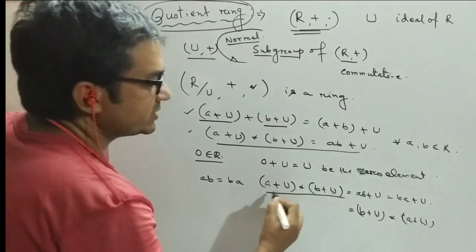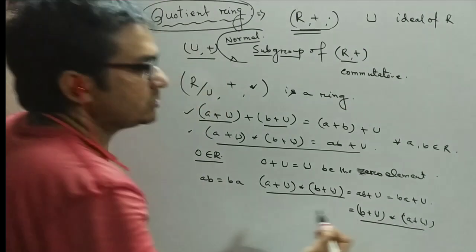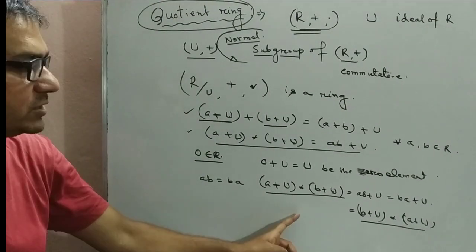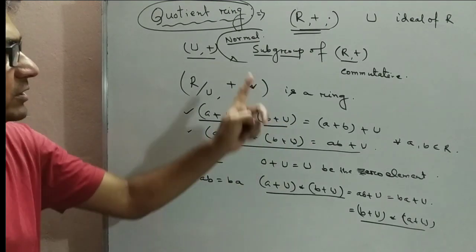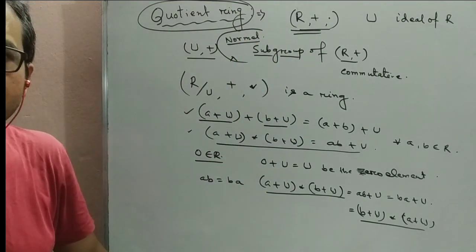That is, (A + U) * (B + U) equals (B + U) * (A + U). This relation shows that the quotient ring is also commutative if the mother ring is commutative. Right?